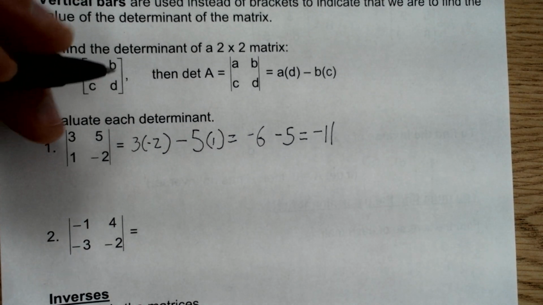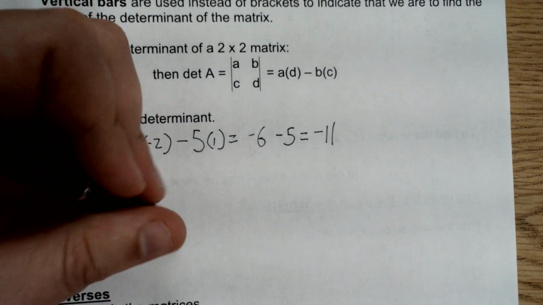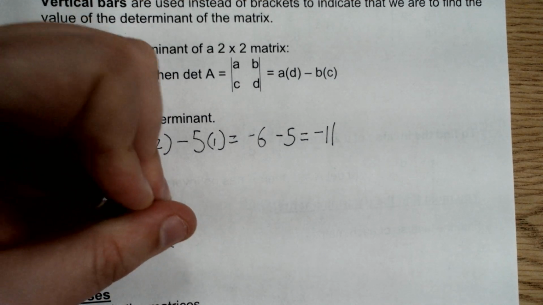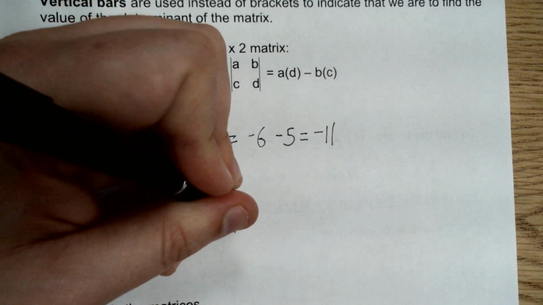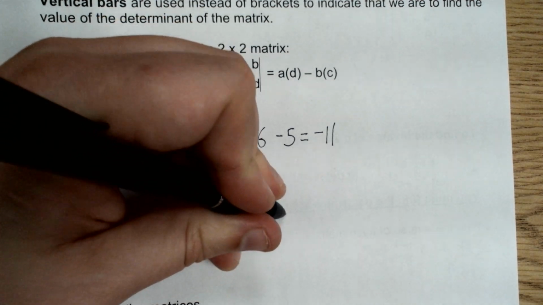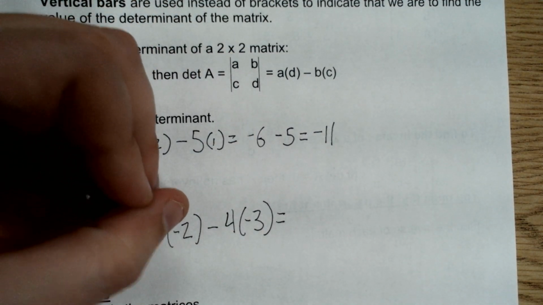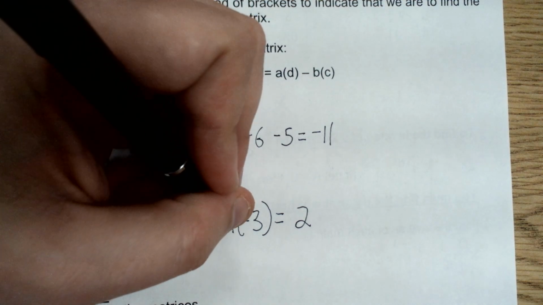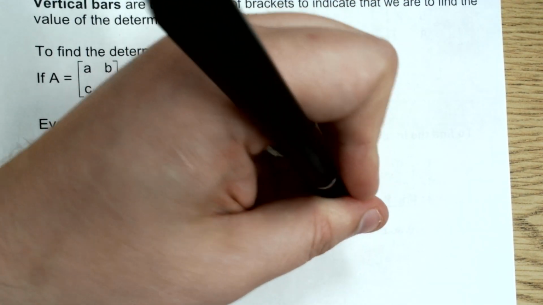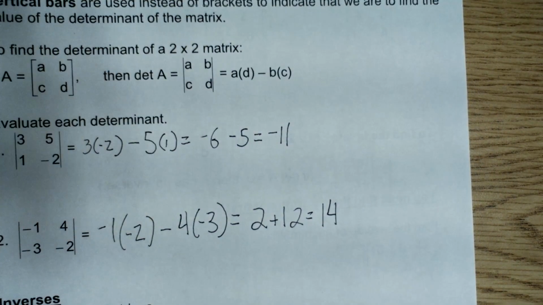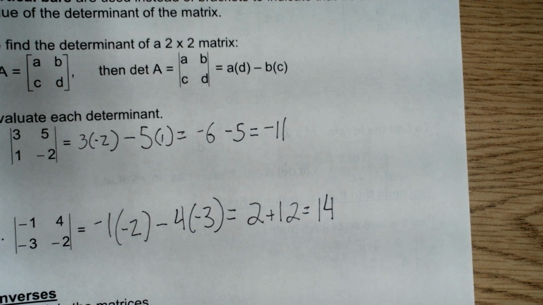So finding the determinant again, I would do negative 1 times negative 2 minus 4 times negative 3, which would get me positive 2 plus 12, I believe, to get me a determinant of 14. So anytime you've got those straight lines on a square matrix, you are finding that determinant.